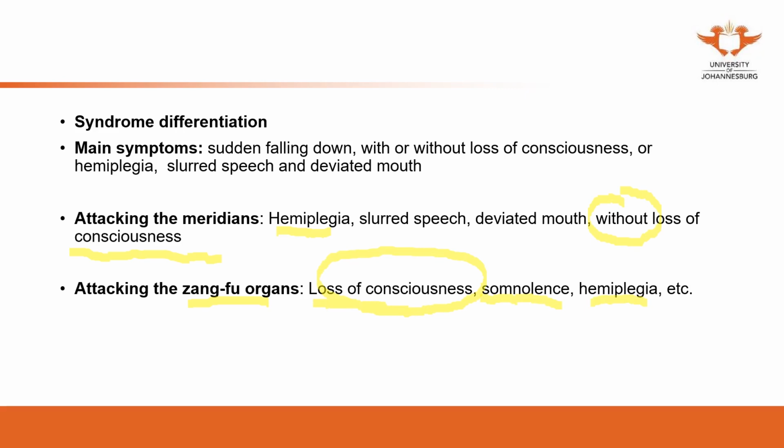The patient may also present with the above symptoms from the meridians, but the main difference between these two is consciousness. Attacking the meridians, the patient is still conscious. Attacking the zangfu organs, the patient will lose consciousness.